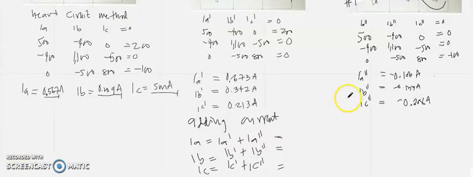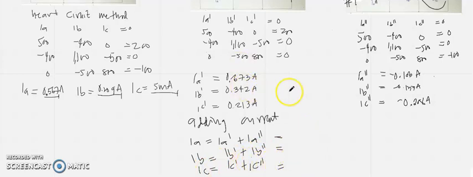And then let's add the total current for the on and off supply. So for IE, this is equals to IE prime plus IE double prime. For IB, IB prime plus IB double prime. For IC, IC prime plus IC double prime.